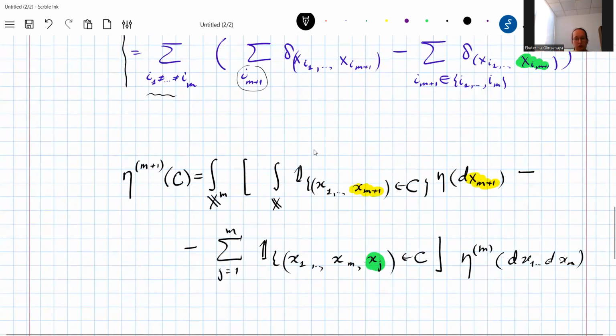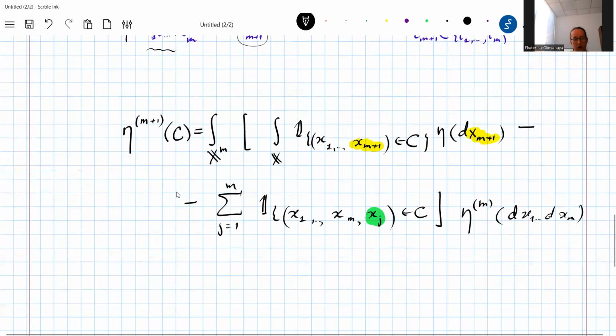So we can use this definition just to define the factorial power of any kind of random measure, not only of the form of a sum of delta measures. So this is the addition for the definition of the factorial measures. So now I suppose we understand how we define the factorial measure for an arbitrary measure.